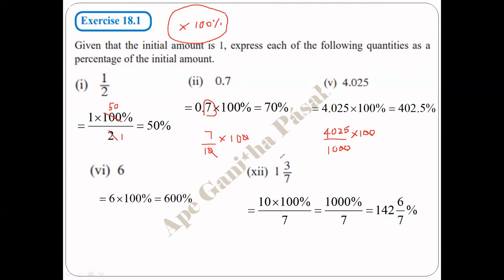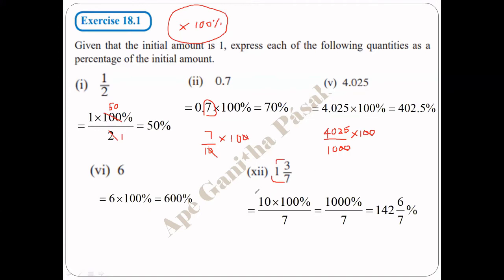Next one. In this one, there's a mixed number. How to convert this mixed number into a percentage? First, you have to convert that into an improper fraction. Now, can you convert that into an improper fraction? 7 into 1, 7. 7 plus 3, 10.